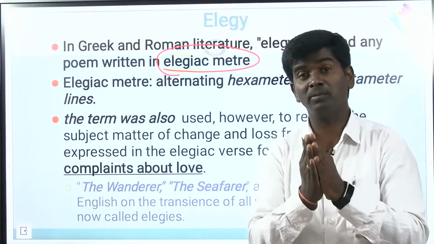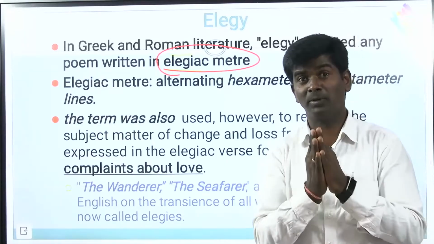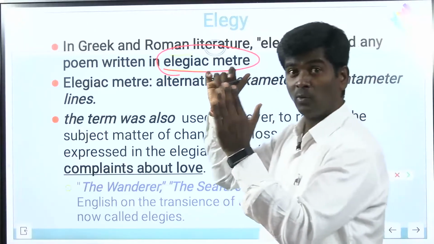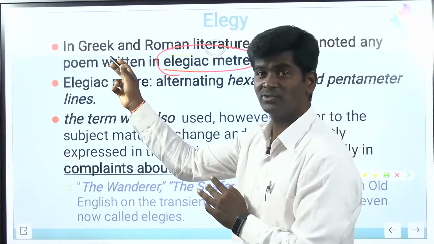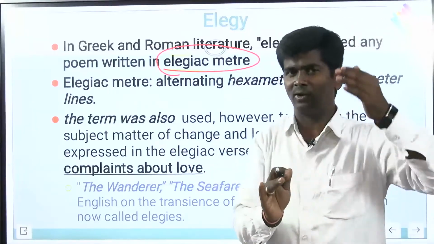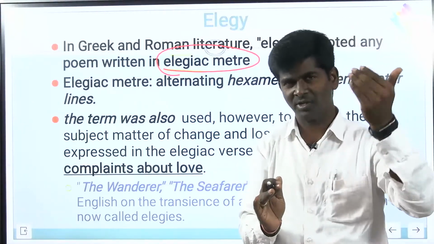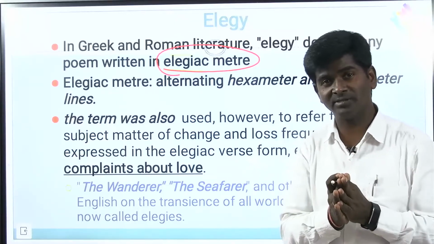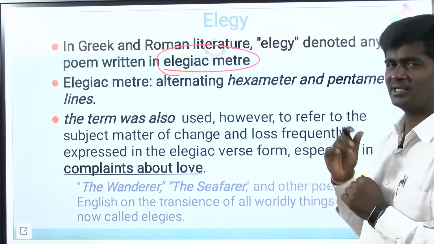All these were popular classical writers who are considered to be the exponents of Greek and Roman literature. They did not write in English; they wrote in the Roman language, the Greek language, my friends. According to that, elegy refers to a poem that is composed in elegiac meter.